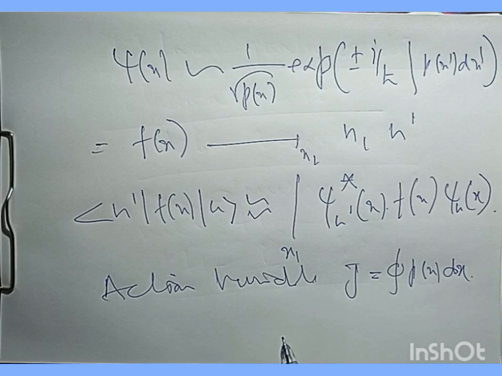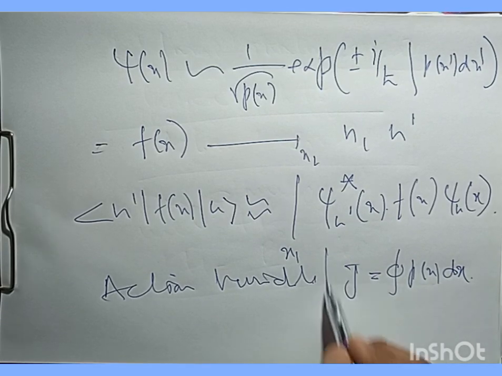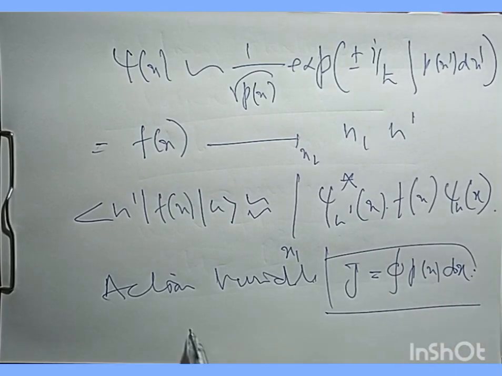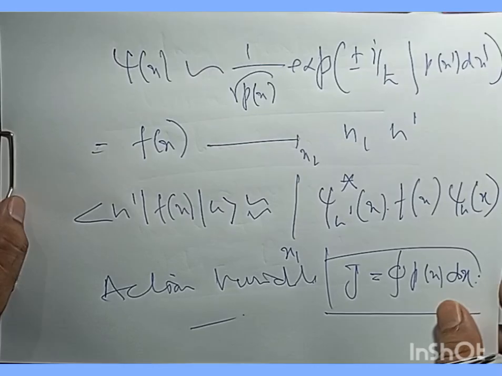So writing down this action variable as the integral of p of x d x. Now let's go with an example to have more insight into this problem of the matrix element.